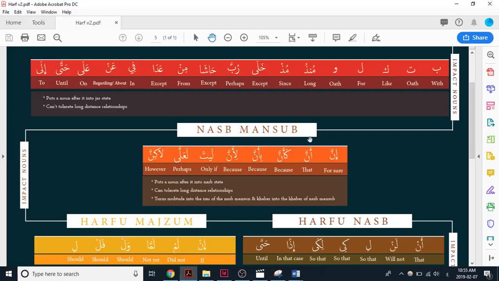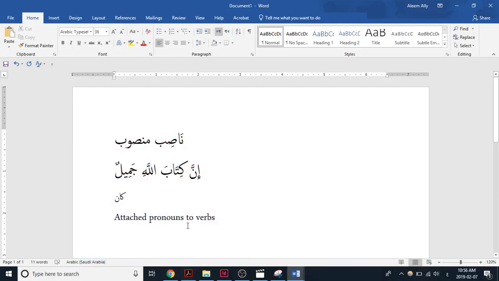They're known as the Nasb Mansub or the huruful muqatta'at. We have inna. So what's inna gonna do? It's gonna go ahead and target your regular mubtada and turn it into a state of nasb. So if you see here, usually this would be kitabullahi, but in this case it's kitaba. Kitaba. That's because inna is targeting it. It's your original mubtada, which it's now turning into a state of nasb, making it your ism inna, right?